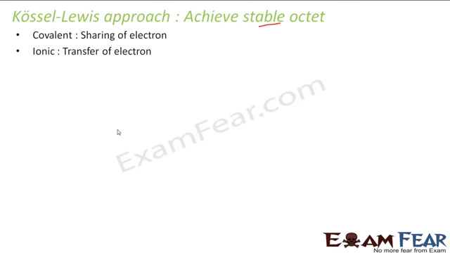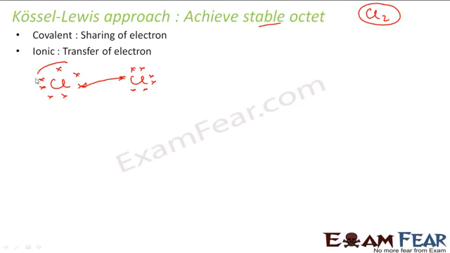For example, I explained the covalent bond. Take chlorine: it has 7 electrons in the outermost shell, right? And you know that chlorine exists as the Cl2 molecule. So there is one more chlorine which also has 7 electrons. A pairing happens between these 2 electrons, right?